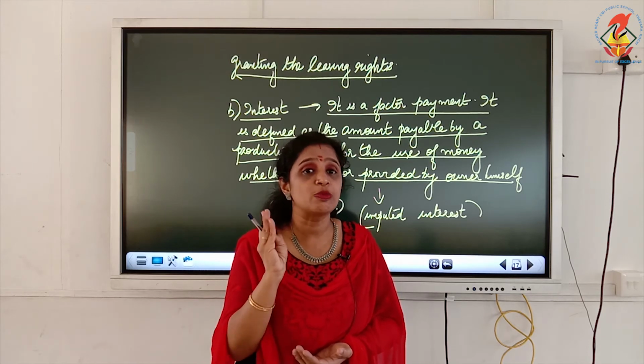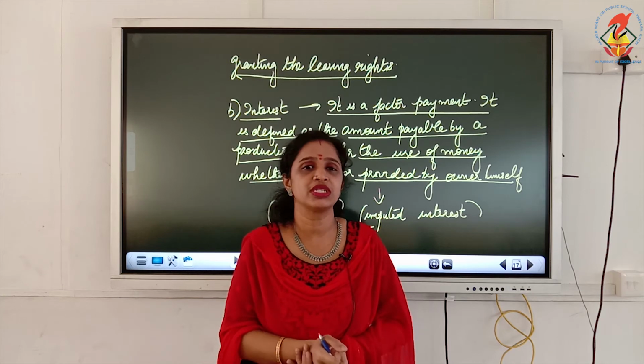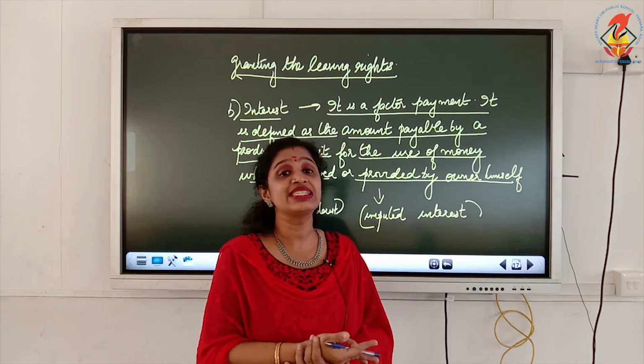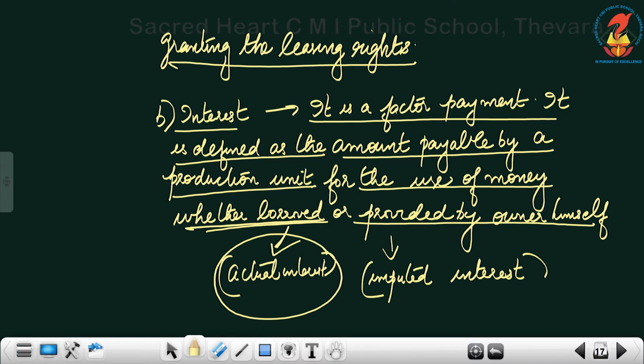The amount which is paid for the money that we have borrowed from certain units, either for production or for consumption, that is known as interest. So, interest can be paid for the money which is borrowed. For example, money borrowed from the bank, you have to pay the interest for that. That is known as actual interest. Or provided by the owner himself.